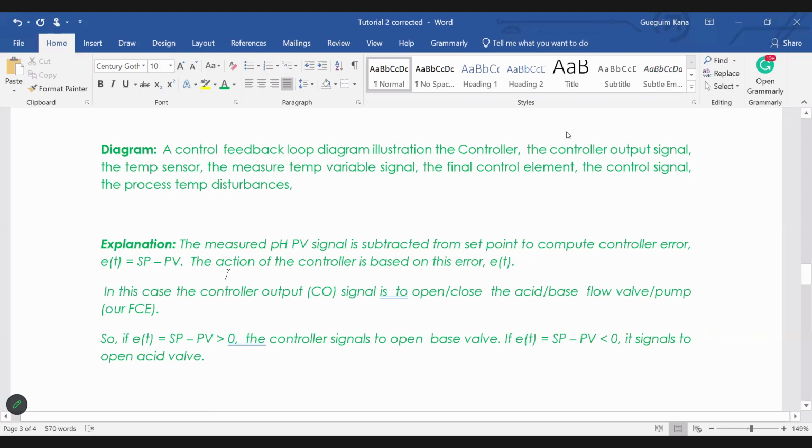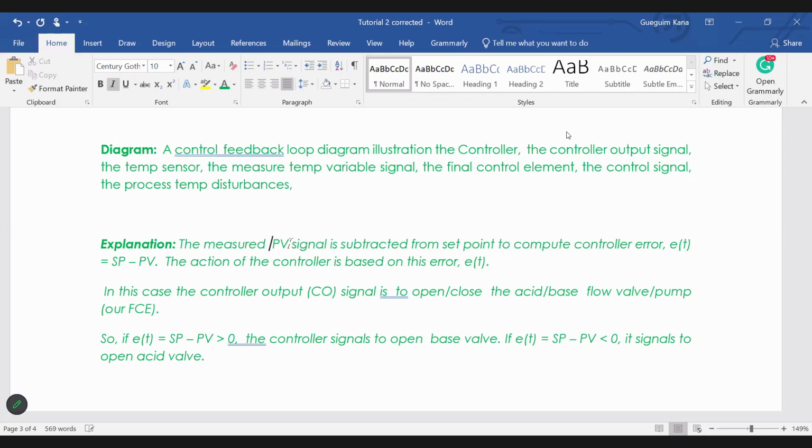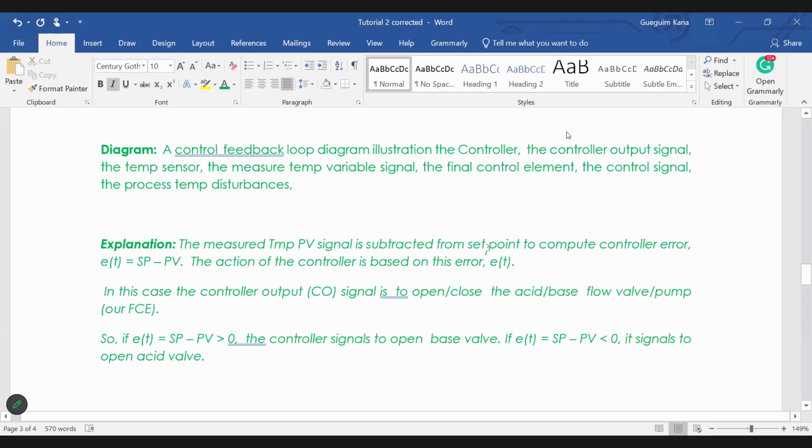Now, besides the elements, you have to explain how it works. You say that the measured temperature process variable is subtracted from the set point value and an error is determined.